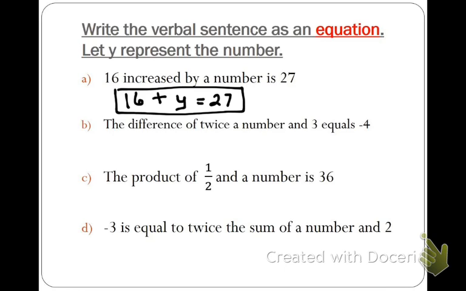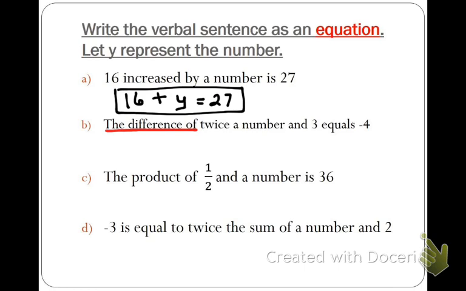Kayla, help me out with the next one. The difference of twice a number and 3 equals -4. Do you see my parenthesis words up there? The difference of. Everybody with your red pen, underline the difference of. When you see that, the difference of, I have to put parentheses.